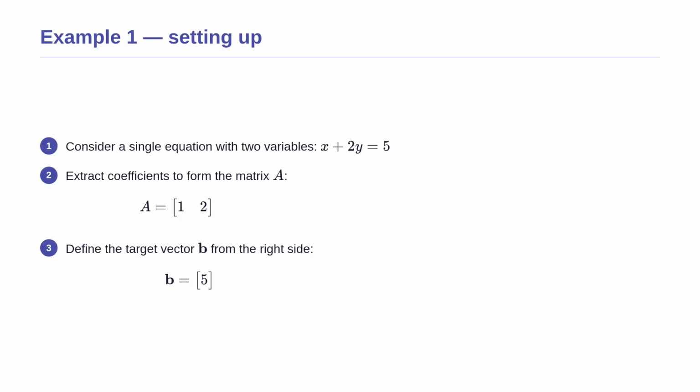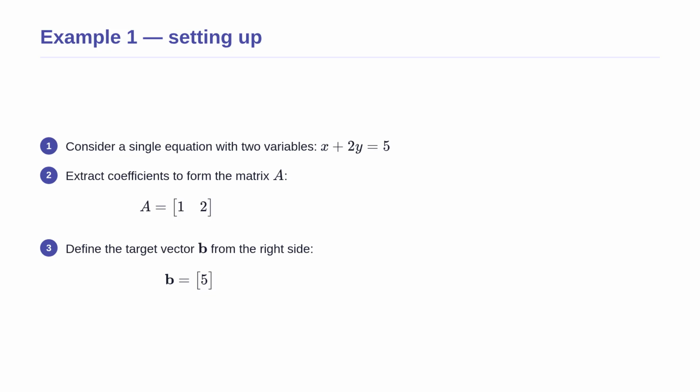Before we move on to more complex systems, let us see this formula in action with a concrete example. Suppose we have a very simple problem, a single equation with two variables, x plus 2y equals 5. Because we have two variables but only one equation, this is an underdetermined system with infinitely many solutions.